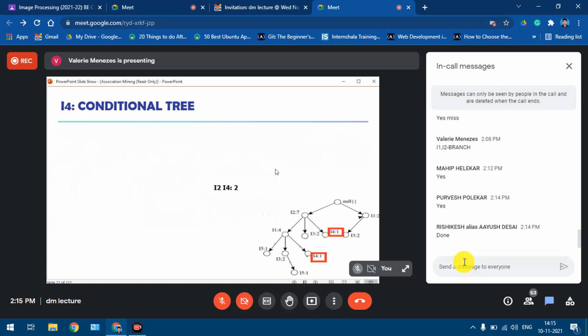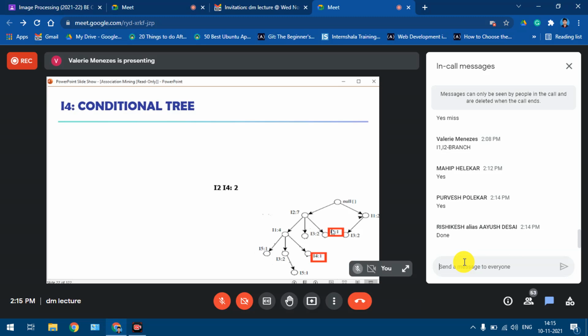Okay, so now the next one is, just ignore this. I've not animated this part. So I4 is a conditional tree, students. What are the branches which are ending with I4? Now we take the next item set with the next lowest support count in ascending order.